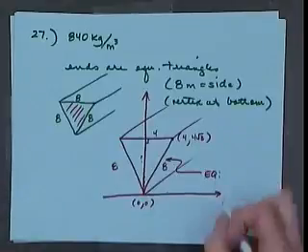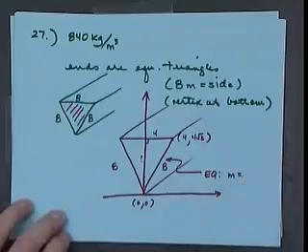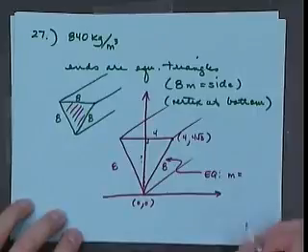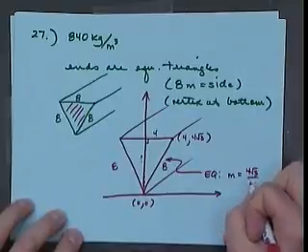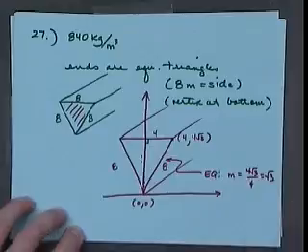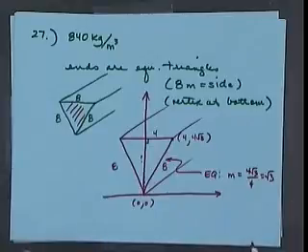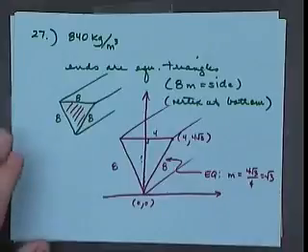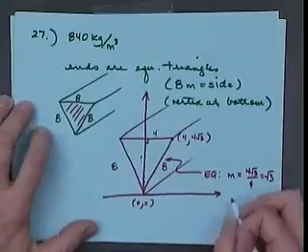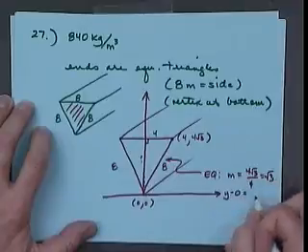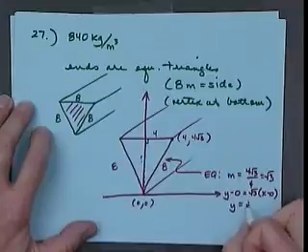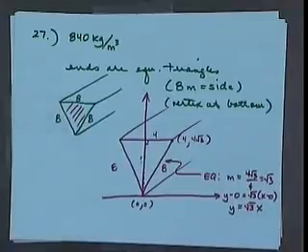What's the slope of that line? 4 square roots of 3 over 4, which is square root of 3. Or if you have decimals, 1.732, whatever square root of 3 is. So the equation of that line: y minus 0 equals slope times x minus 0. So there's the equation: y equals square root of 3 x.